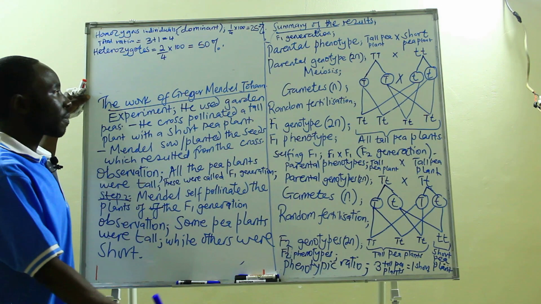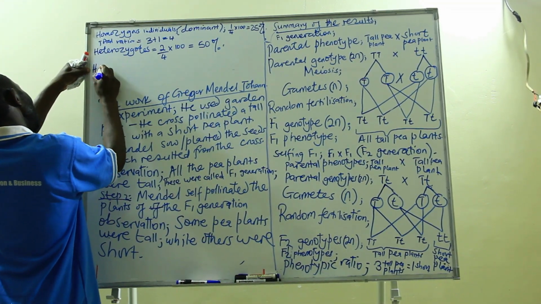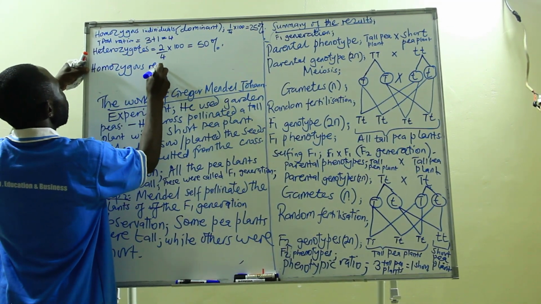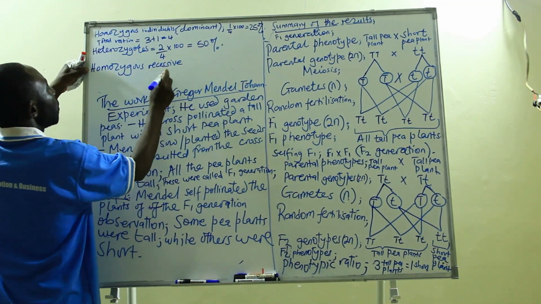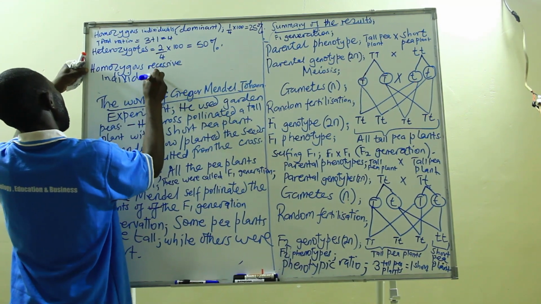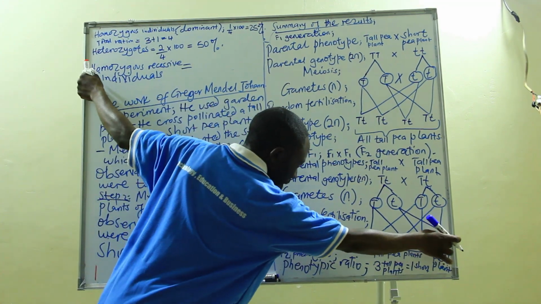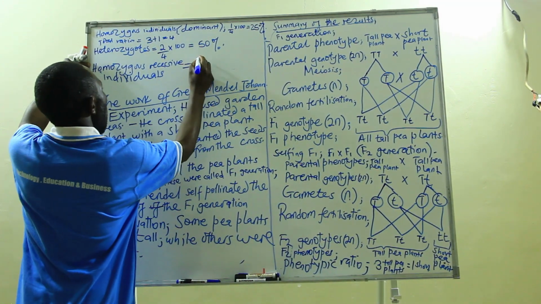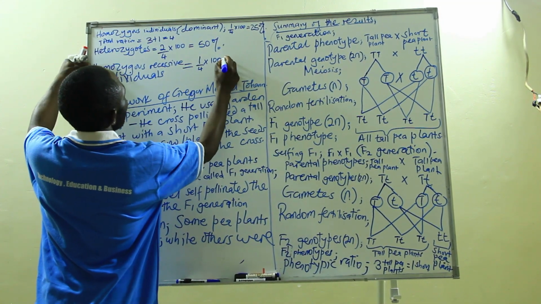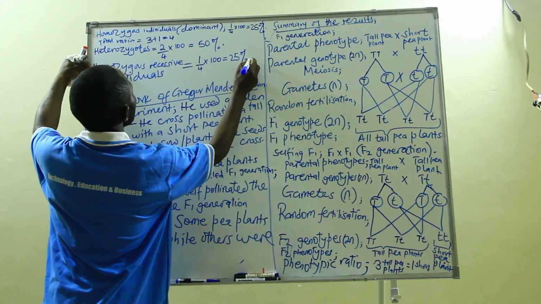Then, lastly, homozygous recessive individuals will also be just these ones here, 1/4 times 100, which also gives us 25%.